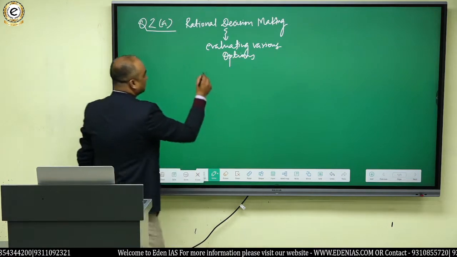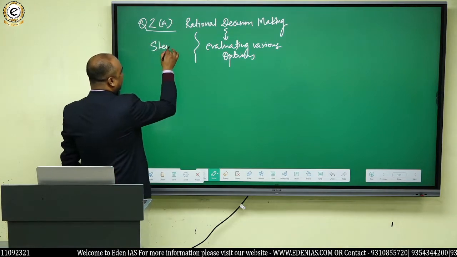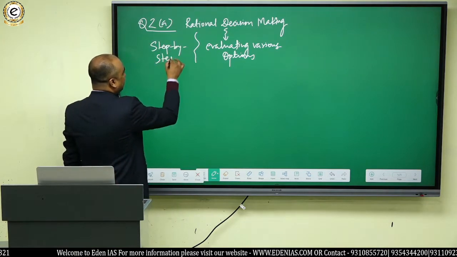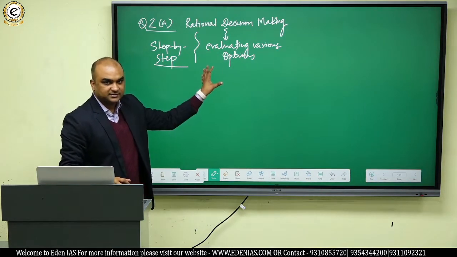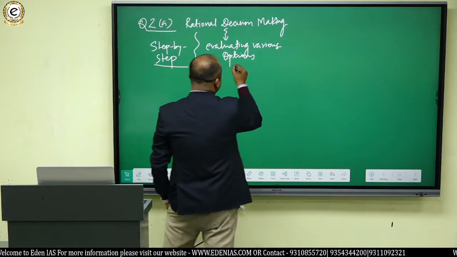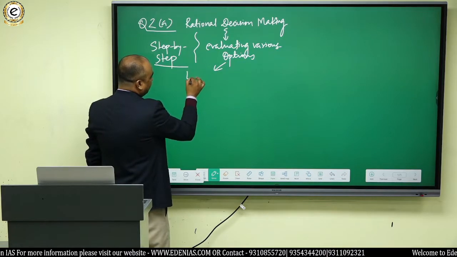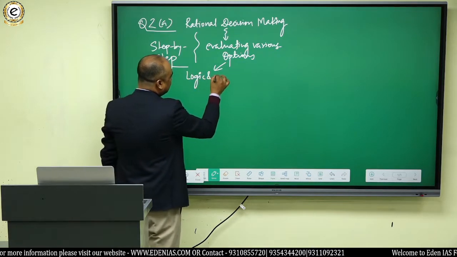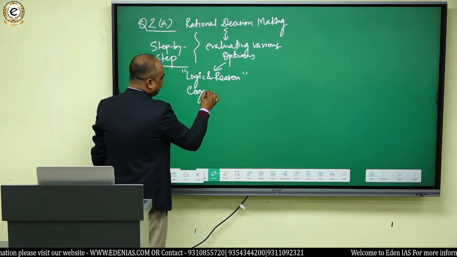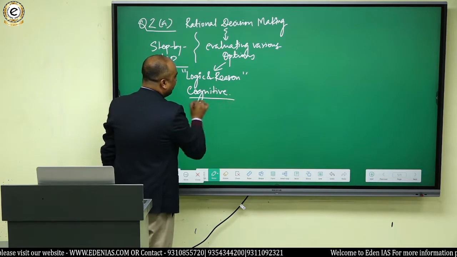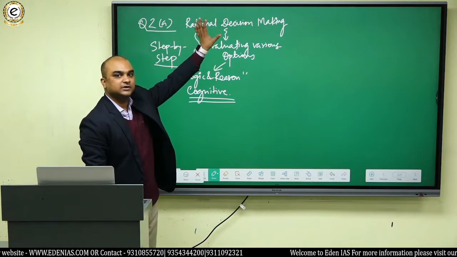And you see that it is a step by step process or methodology. While we evaluate the various options, the evaluation is done on the basis of logic and reason. It means the cognitive faculties of your mind are responsible for rational decision making.